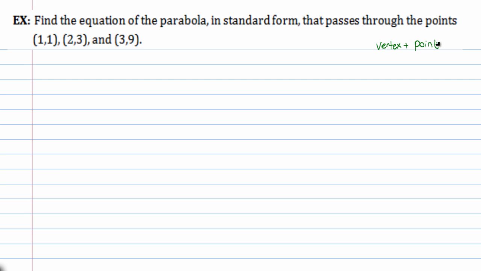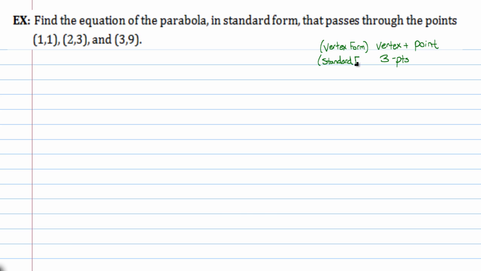You can actually use the vertex form to build your quadratic equation. However, in any other situation where you're given 3 points, you must use a standard form of an equation.